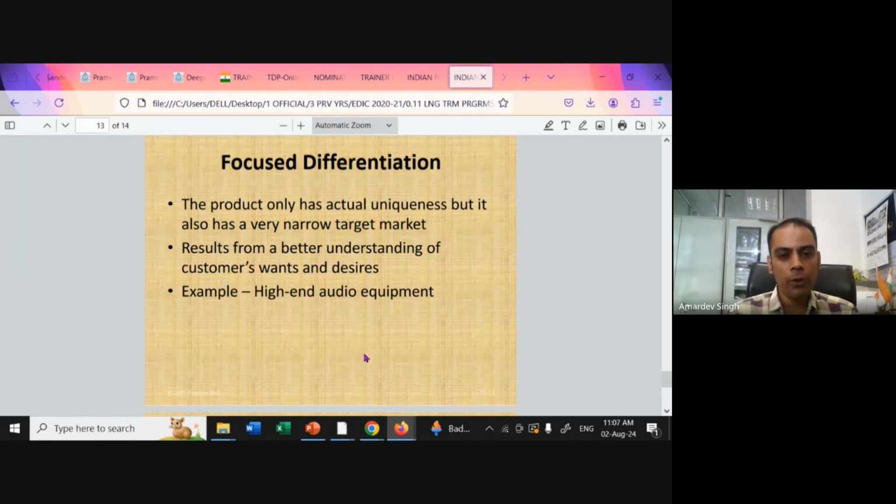I'm going to focus only on the people who have hearing problems, meaning persons with disability or persons with special ability. So you are going to create the product for them, and based on that focus differentiation, you are going to earn your money.